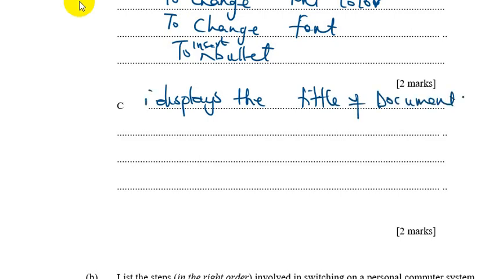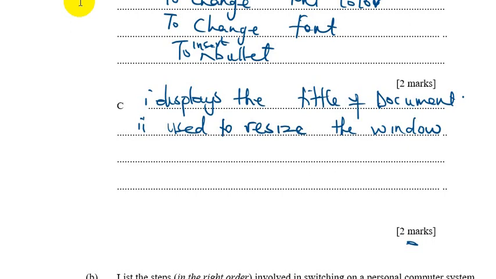So that's 1. So 2, because of 2 marks, means that if you write 1, it's 1, right? We can also say that we use it to resize the window that the Word part is on.